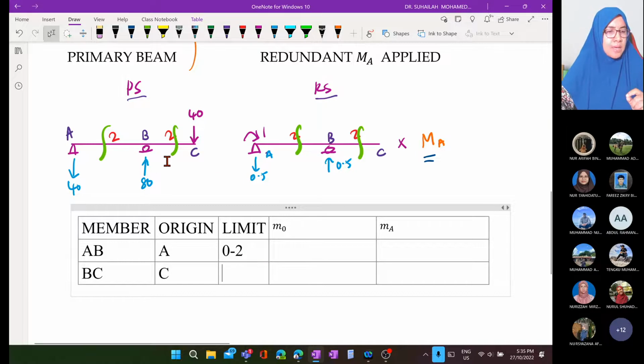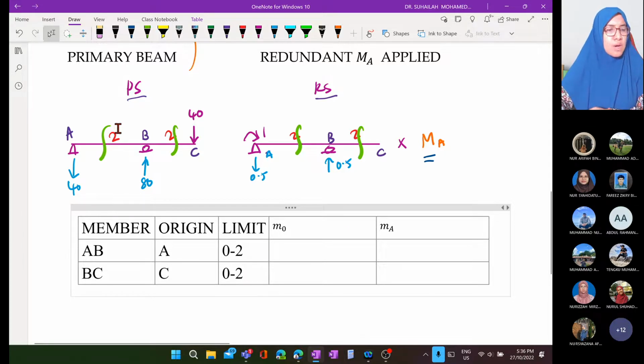The limit of BC at origin C is 0, at B is 2. This is the limit. It will change if you change the origin. If you choose A as origin, this will change to 2 to 4. Since I choose C as origin, I will use 0 to 2.